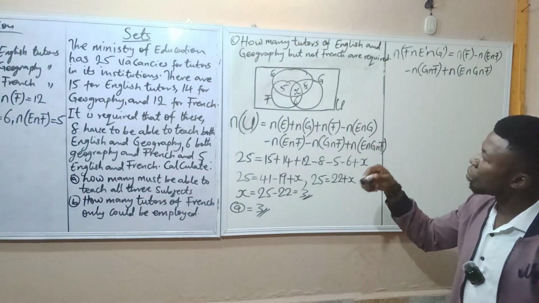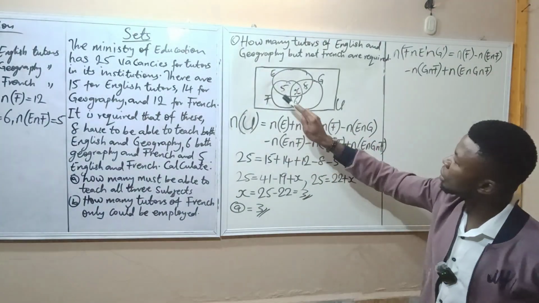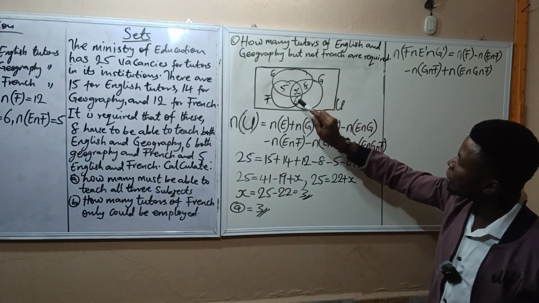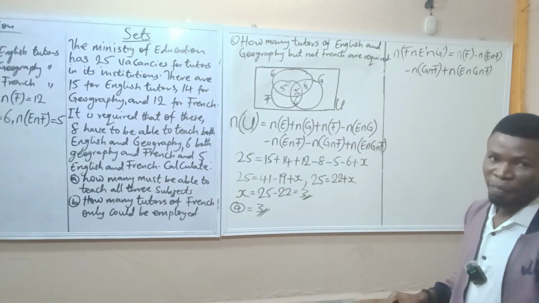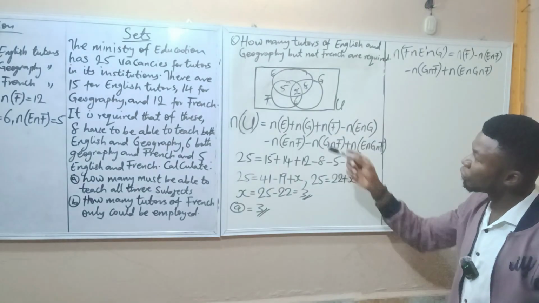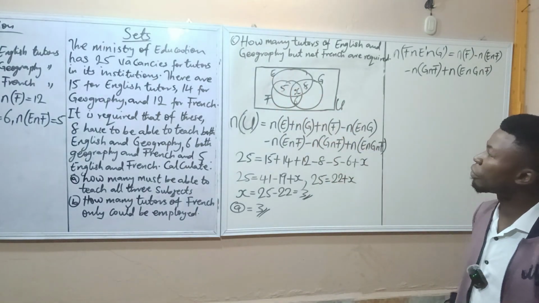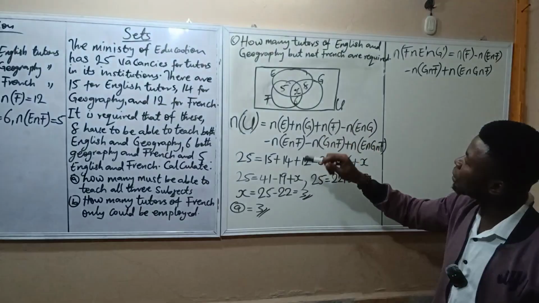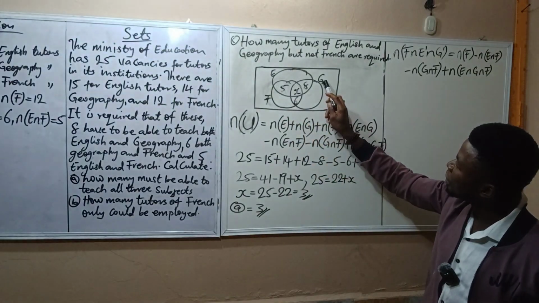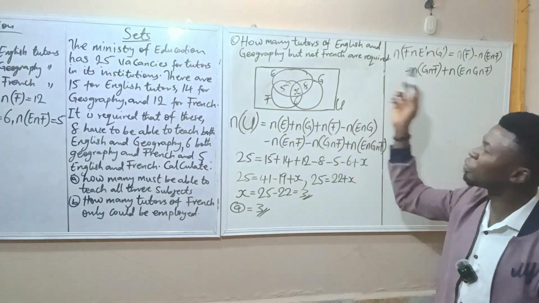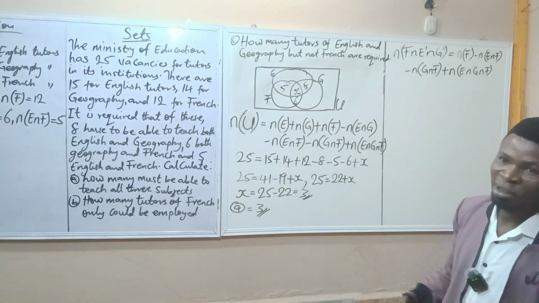But when we say minus number of French intersection E, this is E and this is French, so it also covers X and 5. That means we removed one of the X we added when we said all of F. And then we also said minus the number of G intersection F, which includes the 6 and the X. So it has also removed another X.